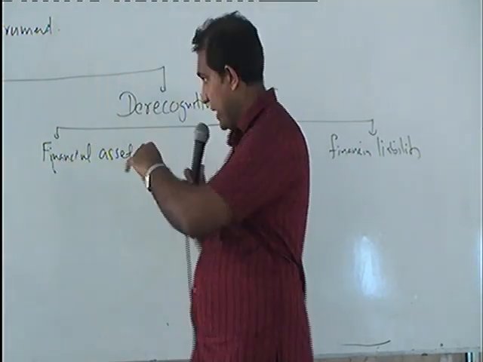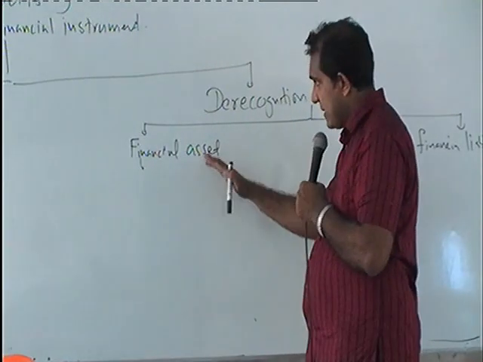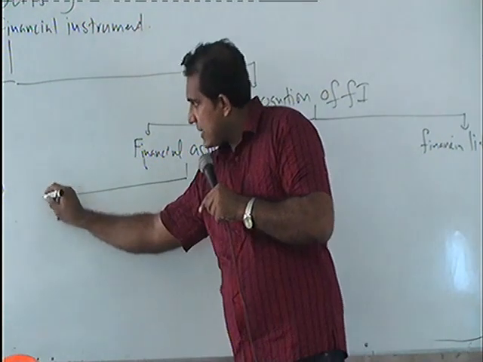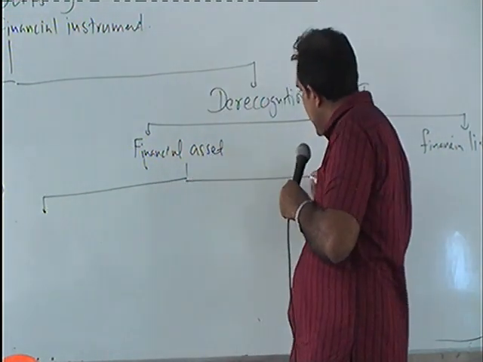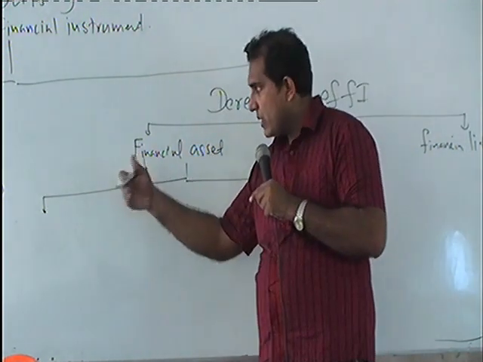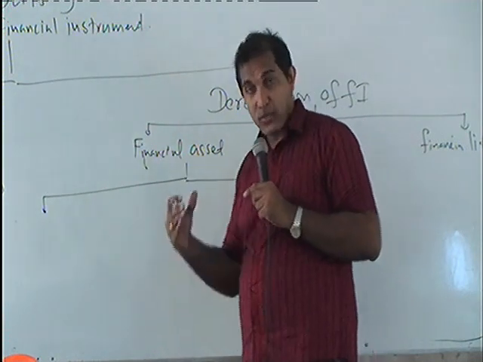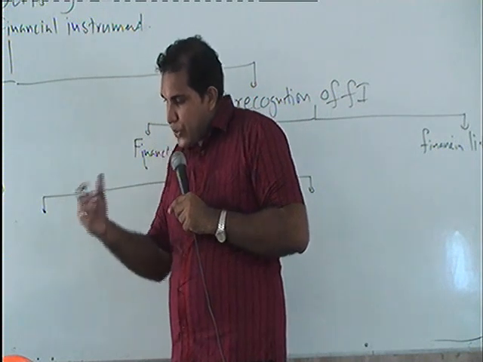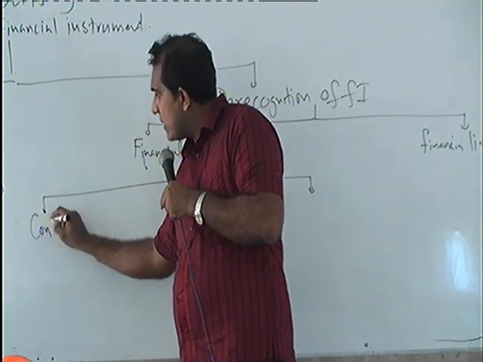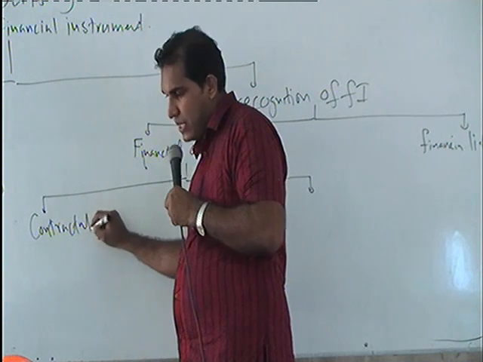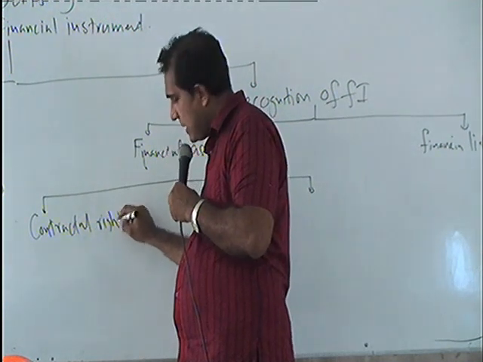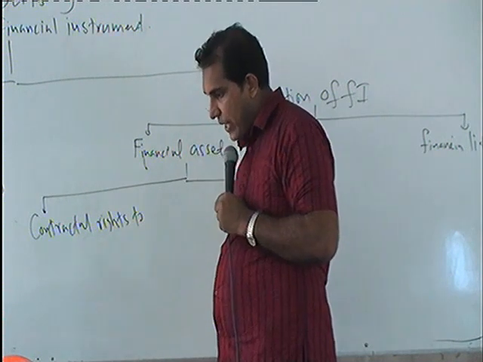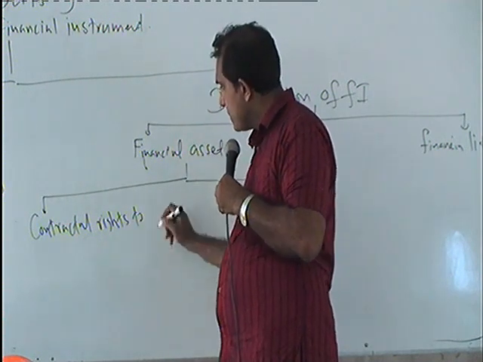First, focus on financial asset. Shall we write down: a financial asset basically could be derecognized for two reasons. First one, as I mentioned, contractual rights to the cash flows.